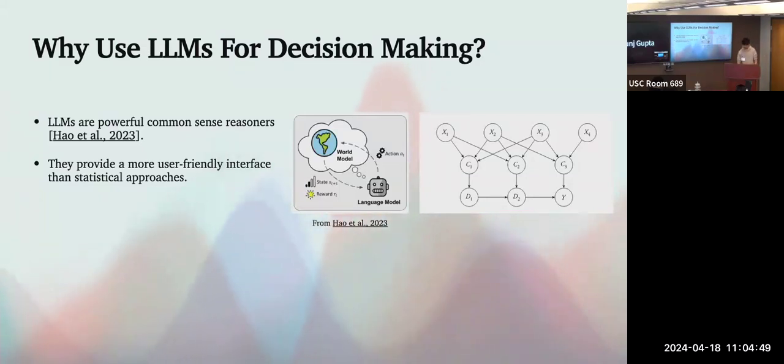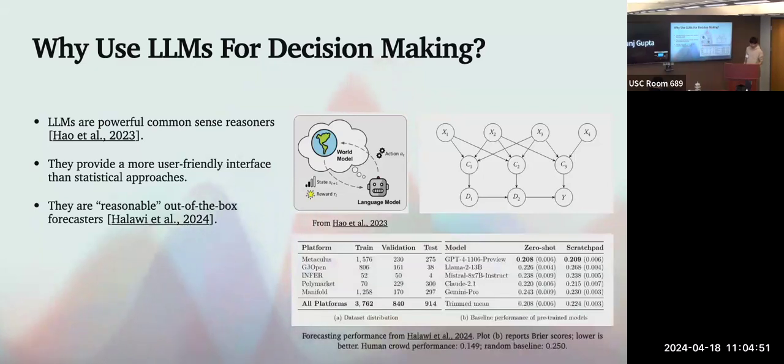Also, these models are not that good at consuming natural language inputs, which are often prevalent in decision-making scenarios. There's a recent work from UC Berkeley that shows large language models are reasonable out-of-the-box forecasters. They collected a bunch of datasets from forecasting platforms, and they show that GPT-4 is especially good at making forecasting predictions, even when the data is not in the text.